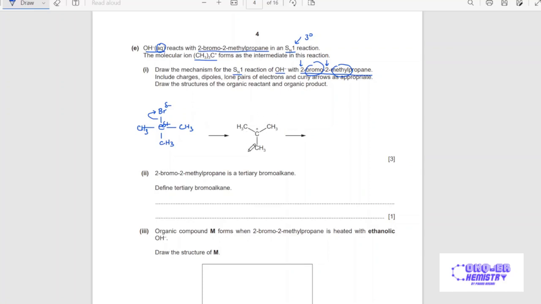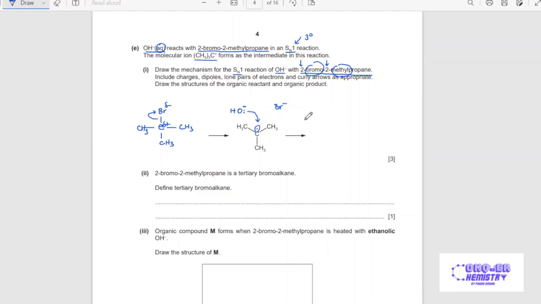Then in the second step, once you have the carbocation with a positive charge over here, next up, we have the bromide ion that has been separated, and we have the new nucleophile, which is the OH minus. All right? And the OH has a negative charge on the oxygen and a lone pair on the oxygen, which attacks the positive carbon atom.